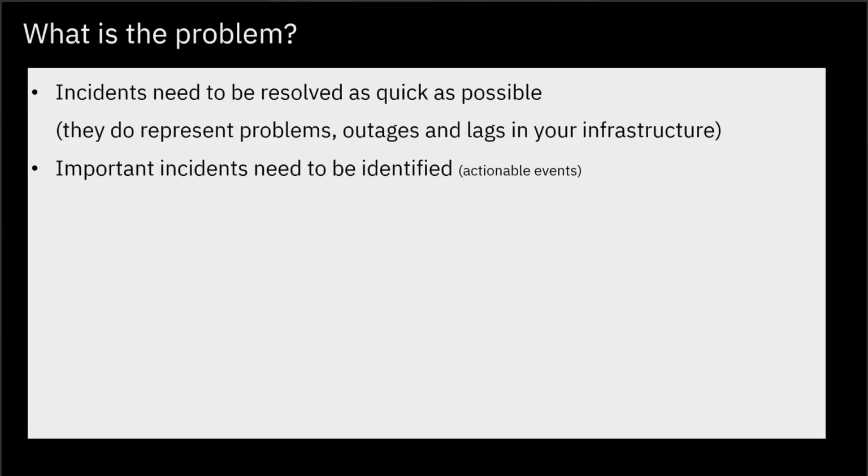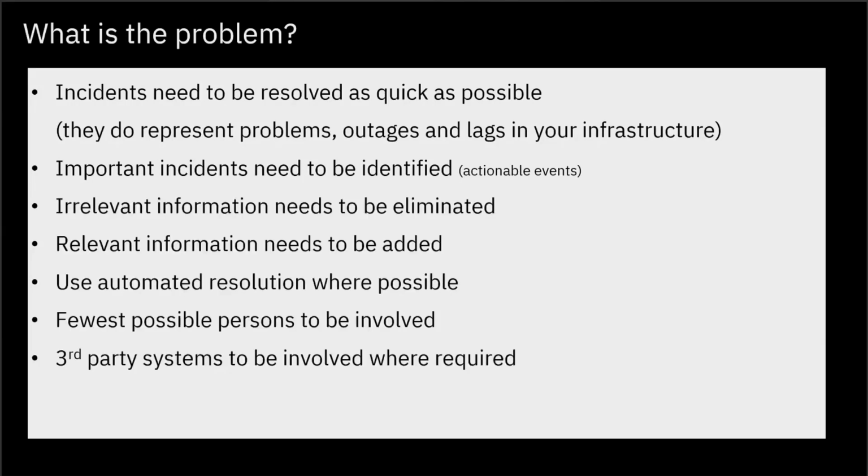And of course, all that is hidden in a vast number of events that are pouring into the system. So you need to pick the ones which are important to you. This is what we call actionable events. The overall procedure is called noise reduction. You want to separate irrelevant information from relevant information.